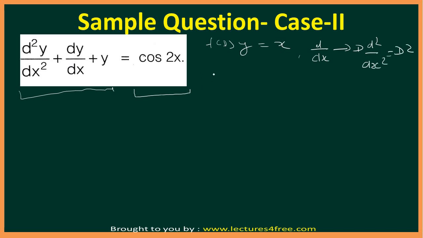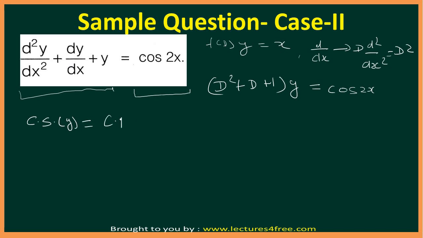So you can write (D square plus D plus 1) y equal to cos 2x. The complete solution is y equal to complementary function plus particular integral. Let's find the complementary function first.